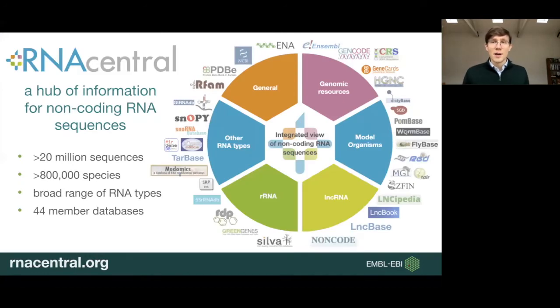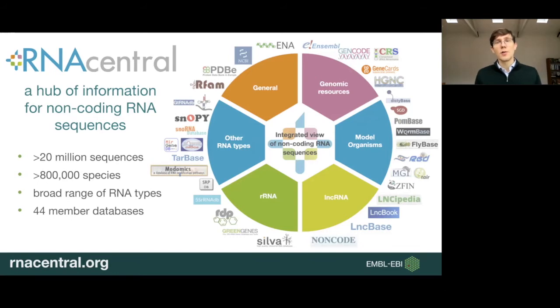Now, I would like to talk to you about RNAcentral and give you a quick overview of the RNAcentral database of non-coding RNA sequences. RNAcentral was launched in 2014, and to date, it brings together under one roof over 20 million sequences that represent a broad range of non-coding RNA types and different organisms.